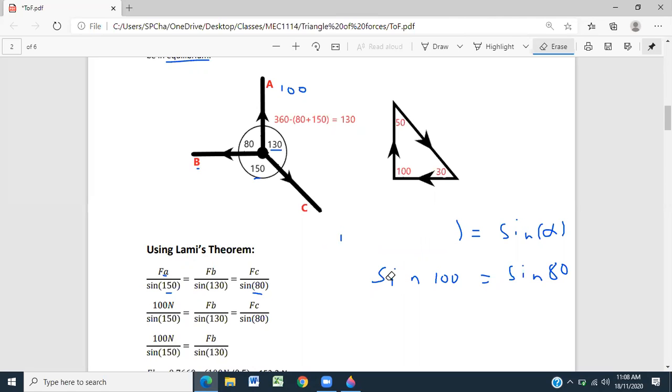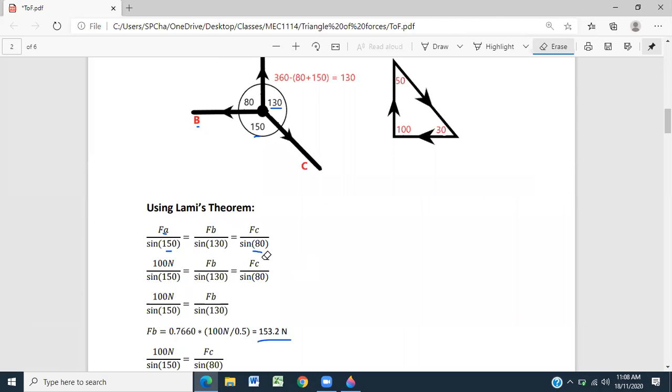So, sir, for any triangle that is not a right angle triangle, you can use either the sine rule or Lamy's theorem to find the answer. Yeah. And as you'll see, we'll use the cosine rule sometimes because cosine can be a bit more convenient, right? We'll get to that in a few. And when the triangle is a right angle triangle, you use only trig ratios and Pythagoras theorem.